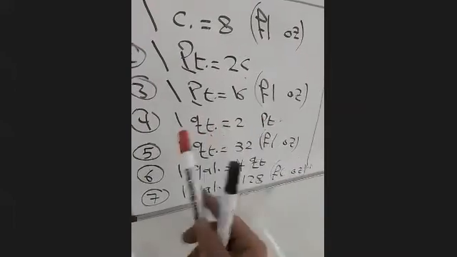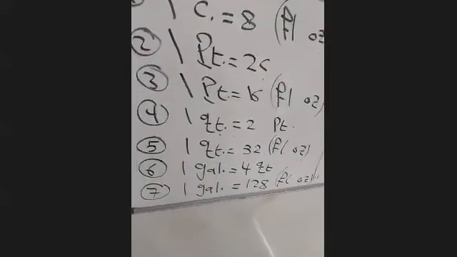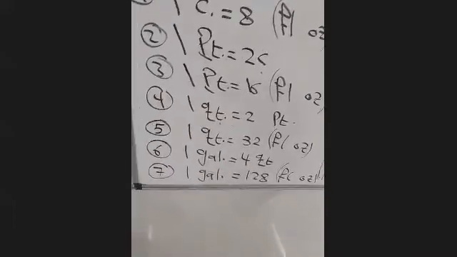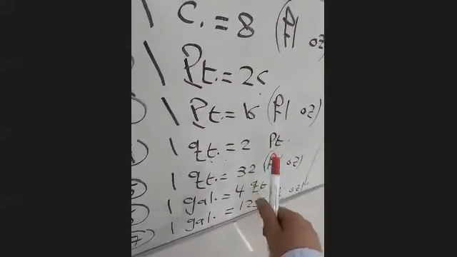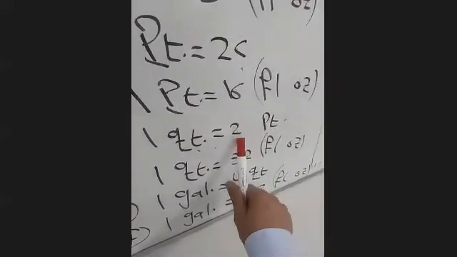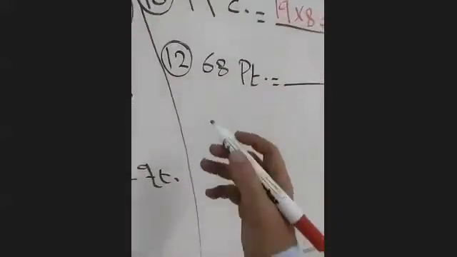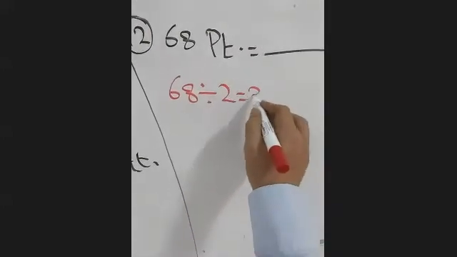Do you see the board in front of you? Divide by 2. So first step, we want to turn it from pint to quart. So I will divide by 2. So 68 divided by 2 is 34.